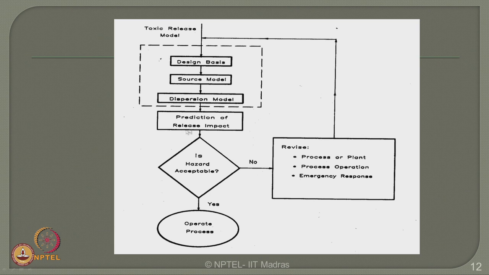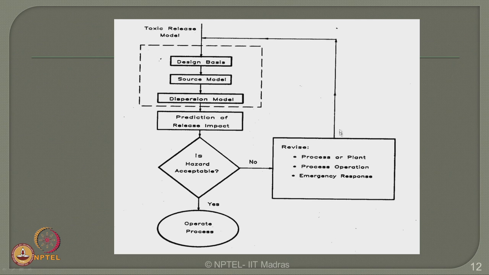Once the prediction of the release impact is done, check whether that value is within the hazard acceptable limit for an oil and gas industry. If it is not acceptable, then revise either the process, the plant layout or the process operation, or plan for more emergency response systems in the given process.